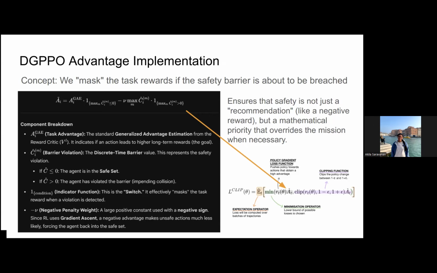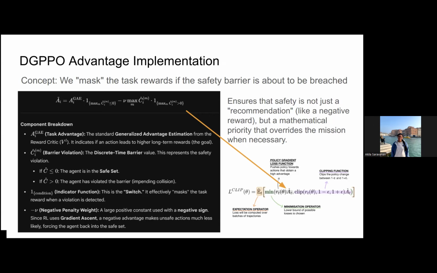So you use either this part or this part; you're never trying to balance both safety and reward. This is just some negative weight to put you back into the safe set. This is the core concept: you mask the task rewards if you breach your safety barrier.